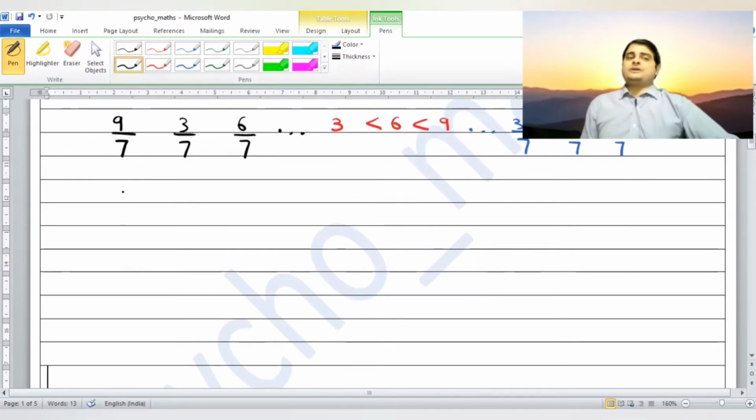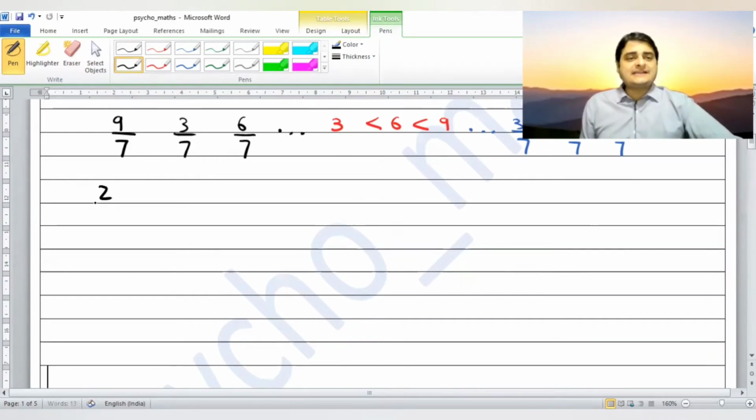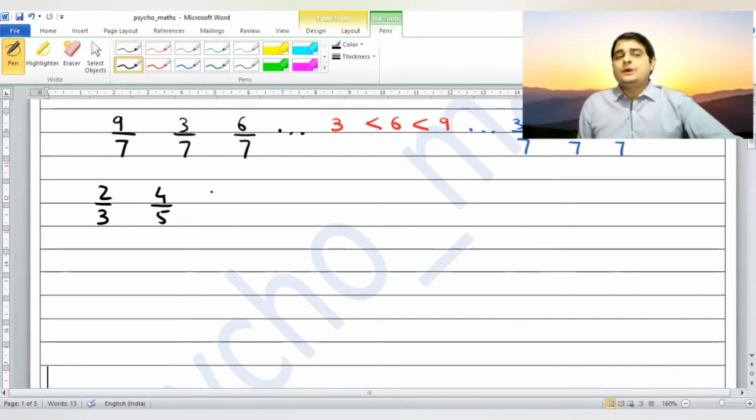So what about if there are more than two fractions in unlike fraction types? Let us get through with it. Let us say it is 2 by 3, then 4 by 5, and the next we take as 4 by 7.